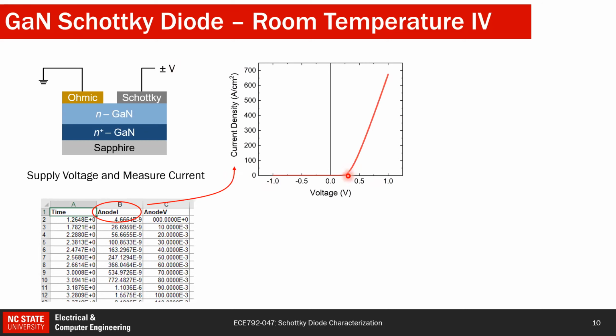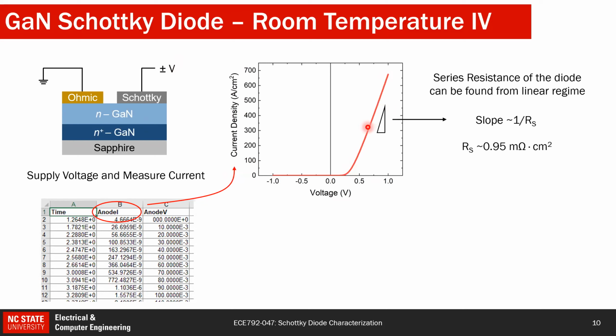And from this graph, we can see that in this region we can find a slope. And from the slope, we can say the sheet resistance of this device, of this material, is this particular value that I found from my IV. And to get a threshold voltage, I can take a straight line from this resistive part, and I can say the device has a threshold voltage of around 0.4.